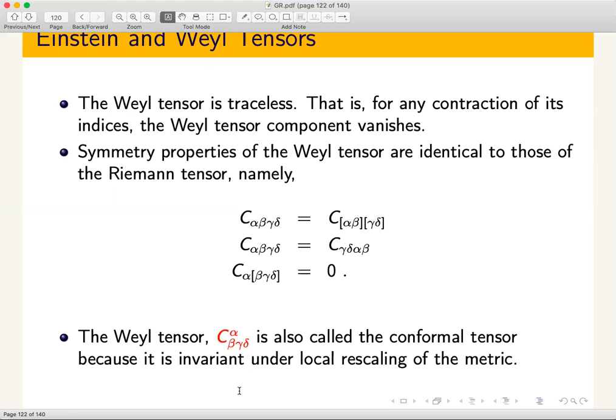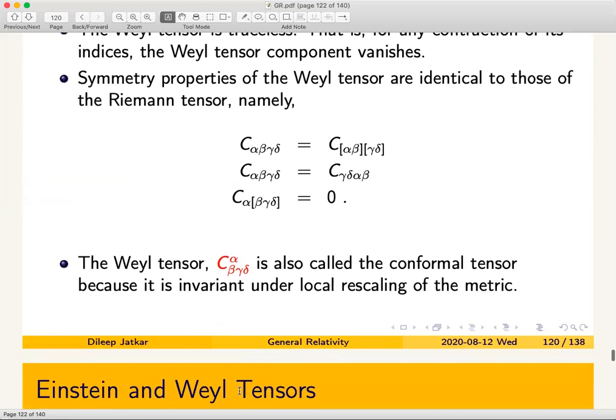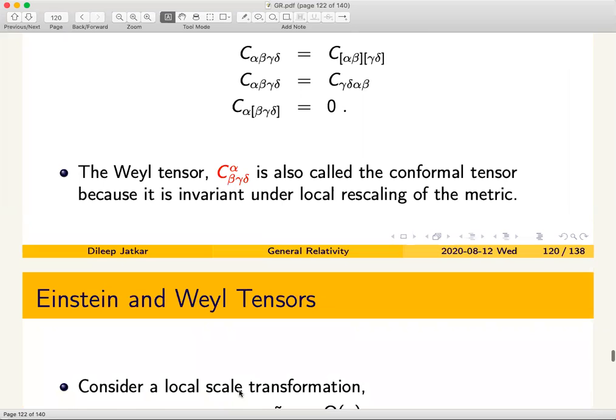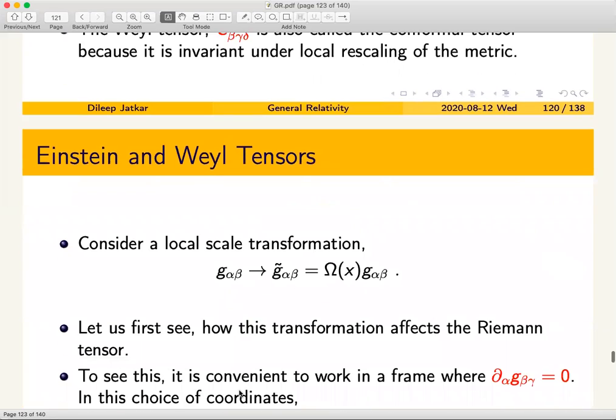Now of course, besides just having an overall factor, you could also have other pieces which would be part of the ordinary general coordinate transformation, which is del x by del x prime kind of pieces. But the local rescaling is a statement that there is an overall factor which is a function of local coordinates, which is sitting outside the coordinate transformation that you are doing.